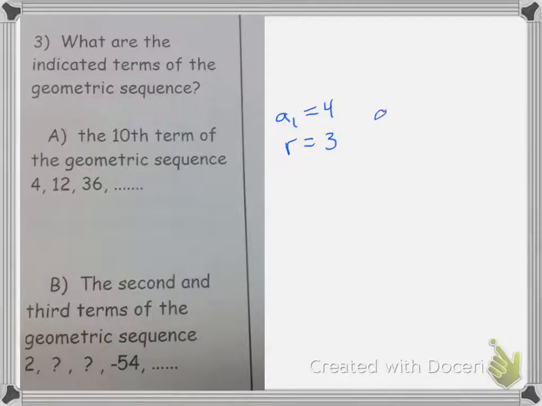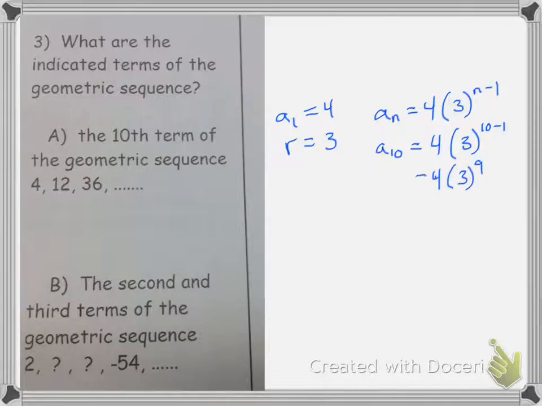So for the rule, I have A sub n is equal to 4 times 3 raised to the n minus 1. To find the 10th term, 4 times 3 raised to 10 minus 1. Well, 10 minus 1 becomes 9, so 4 times 3 raised to the 9th. The biggest issue people have here is not following order of operations.